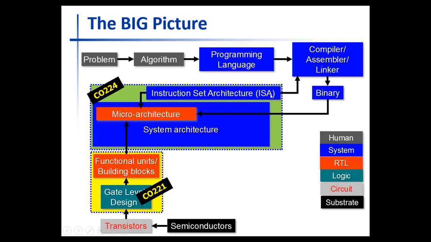Instruction set architecture is something very important that we will be learning, and microarchitecture, how to organize a circuit using functional units to understand the given set of instructions, that we will learn, and some related systems architecture content as well, like memory, how memory is organized and built, how to use memory, then how the components are interconnected in a computer system, interfacing between different hardware components, and some abstract concepts like virtual memory, operating systems also we will be touching upon in CO224 in this course.